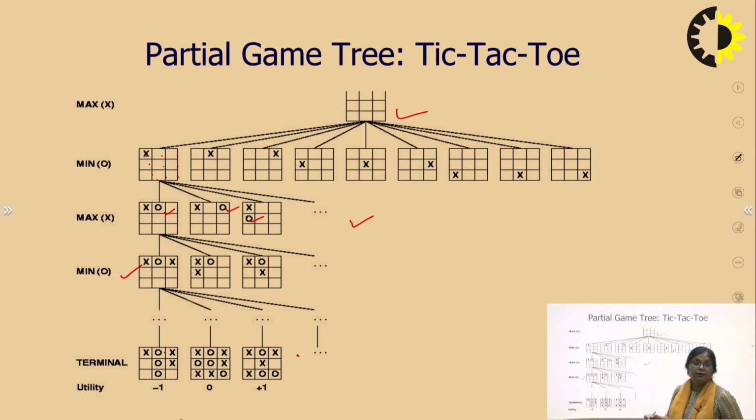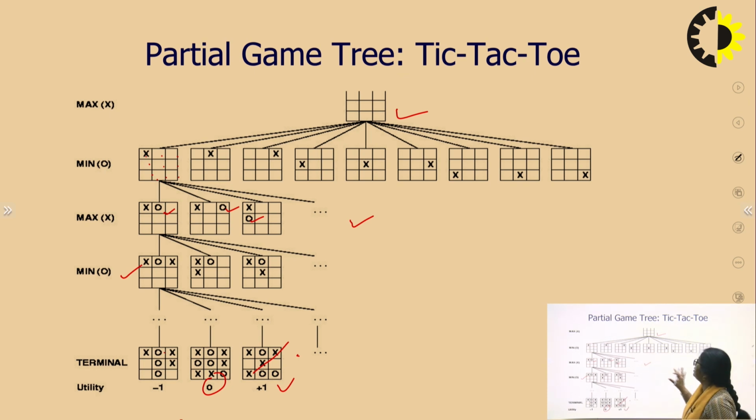No O's are in the same row, and no X's. Okay, so it's a draw condition, so utility will be 0. If we consider this, X's are in diagonal form, so this will be +1. It is showing that Max has won the game.